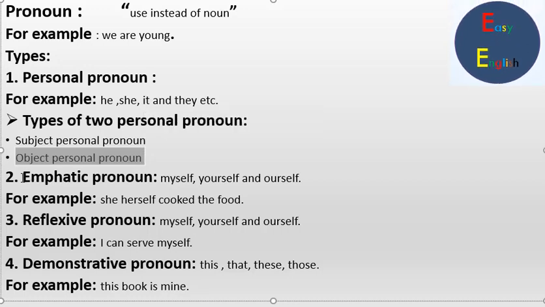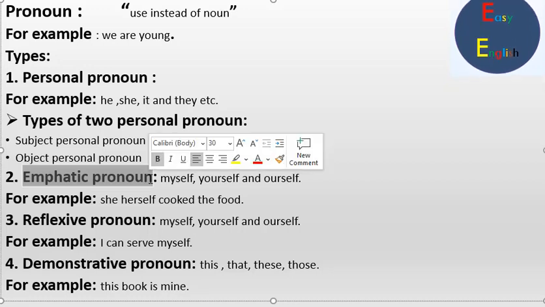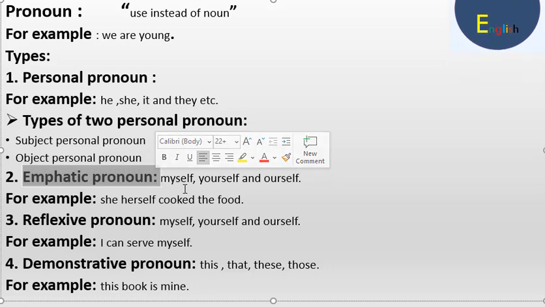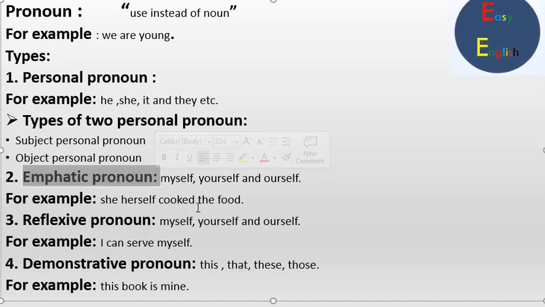The second type of pronoun is emphatic pronoun. What is meant by emphatic pronoun? Emphatic means emphasizing something. A pronoun emphasizing a preceding noun or another pronoun is called an emphatic pronoun. We can also say that which is used for emphasizing is called emphatic pronoun.